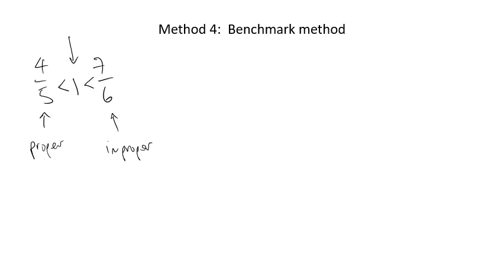We're using this 1, which we could think of as a fraction because it is representable as a fraction. This 1 is my benchmark. I'm using comparisons to some third number, in this case, the 1. So if 7/6 is bigger than 1, and 1 is bigger than 4/5, then I know that 7/6 is going to be larger than 4/5.